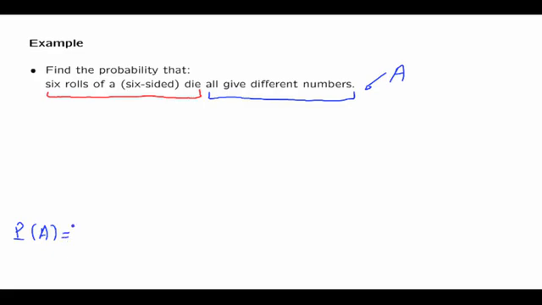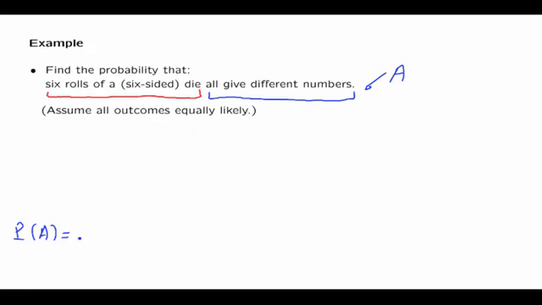But before we can even get started answering this question, we need a probabilistic model. We need to make some assumptions. And the assumption that we're going to make is that all outcomes of this experiment are equally likely. This is going to place us within a discrete uniform probabilistic model so that we can calculate probabilities by counting.